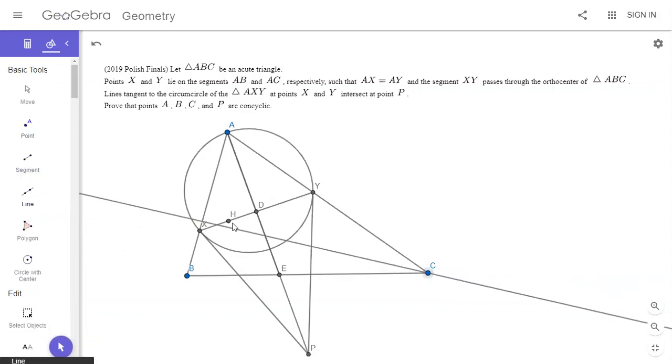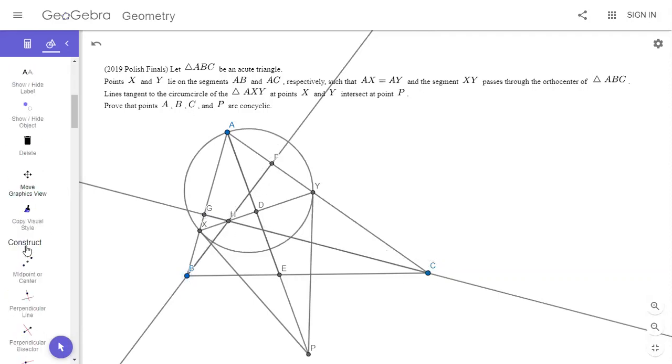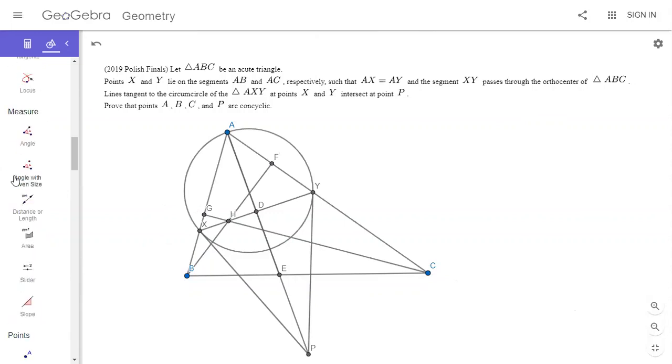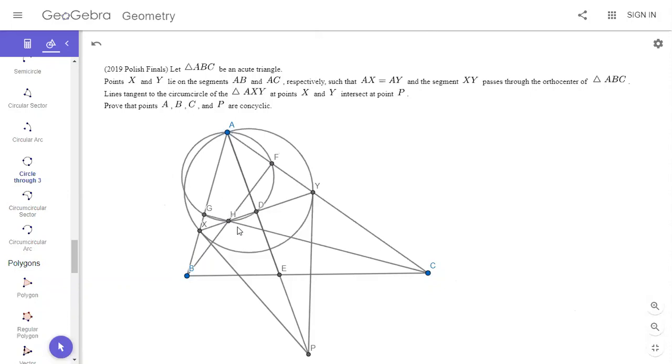So basically, since H is the orthocenter, that means BF is perpendicular to AC and CG is perpendicular to AB. And D has to lie on the circumcircle of AGHDF, right? Because angle HDA is 90 degrees.